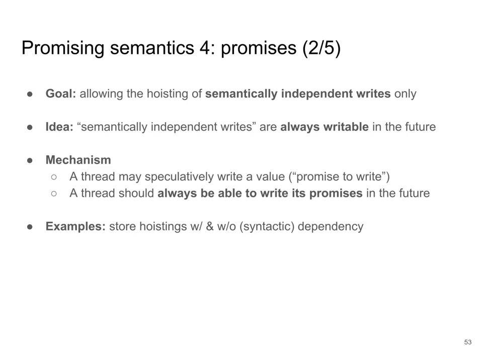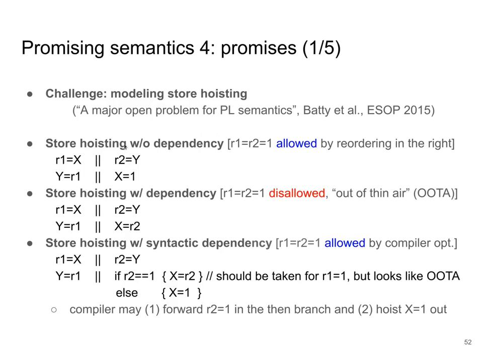So let me see the example here. At this point in time, we want to execute the store. The store is here, but we want to execute it at this point. You can see that in this execution, x equals 1 will always be executed, regardless of the value read from y.